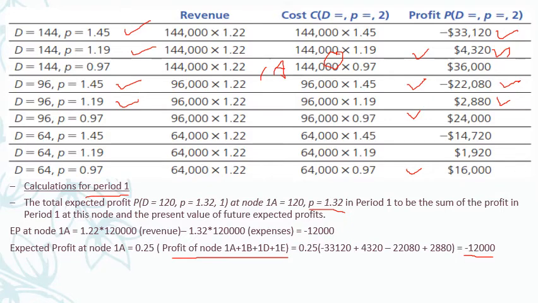I am calculating the present. I am in period 1 now. Period 1 is my present, period 2 is my future. So I am bringing the money of the future to the present. As a result, I have to divide this 12,000 by 1.1, since k is equal to 0.1 or 10%. When I divide it by 1.1, it comes out to be 10,909.